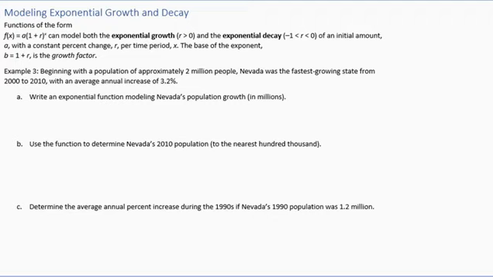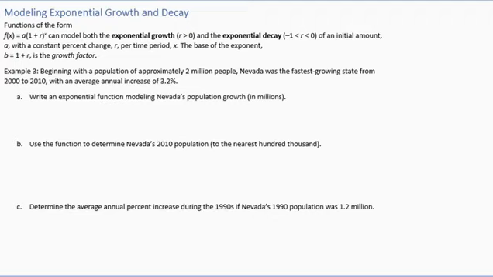The base of the exponent, 1 plus r, is called the growth factor. And so it could be growing by that factor, or it actually could be losing value if it's exponential decay.